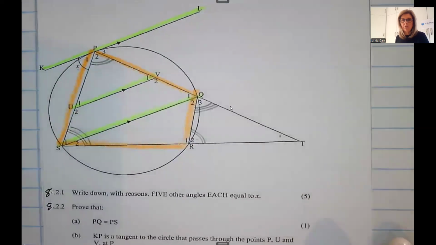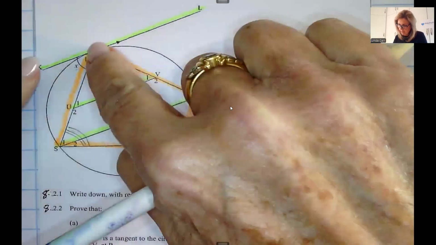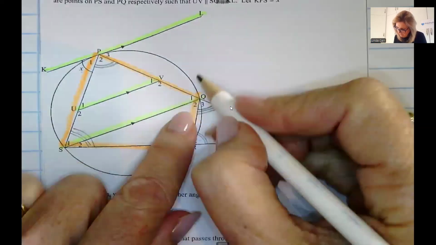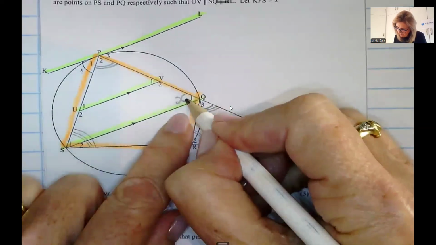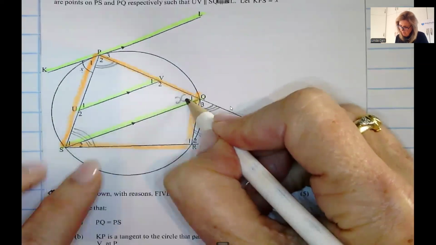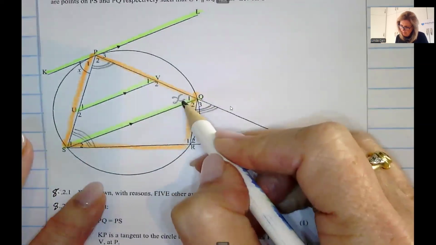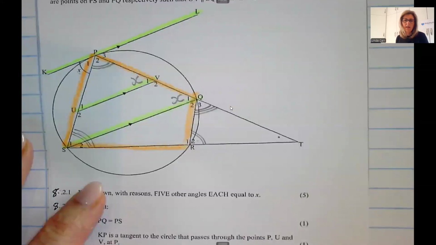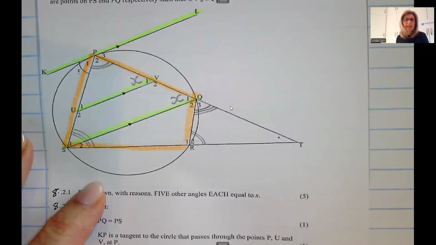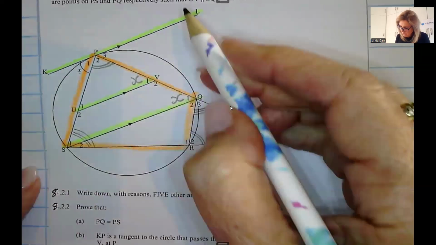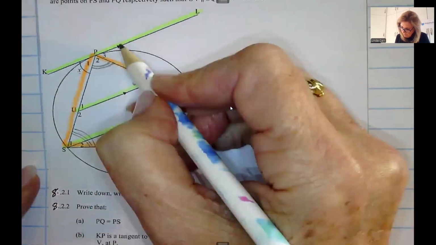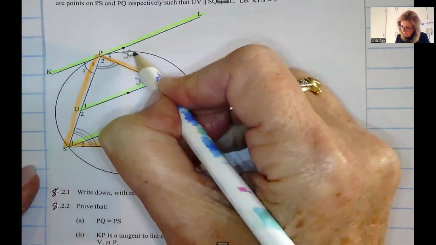So I'm going to go tan chord, is equal to the angle in the alternate segment. Then I can go parallel lines, takes me to V1 is equal to X, corresponding angles. I can also use alternate angles, which will take me to that one.